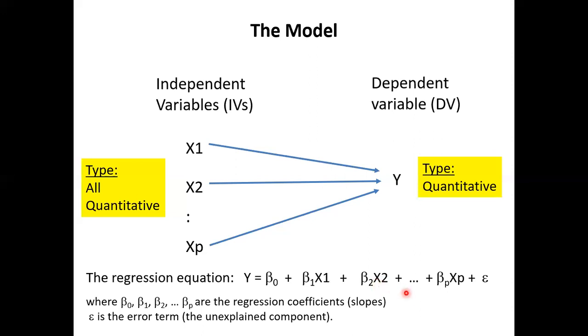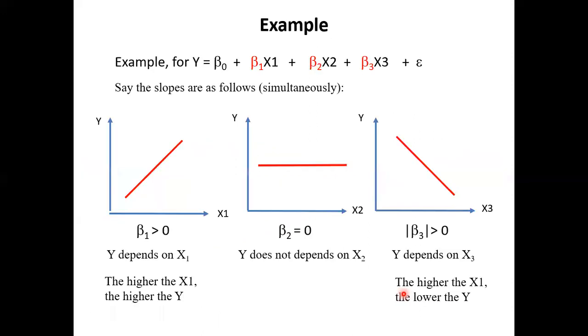Later we'll see some examples. In this context, let's say 3 variables, x1, x2, and x3. What I'm looking for is whether b1, b2, b3 are 0 or non-zero. For number 1 here, this slope is not 0. The slope is more than 0.